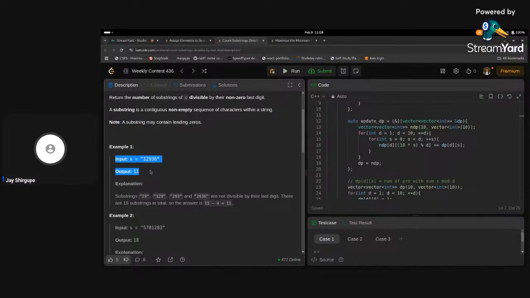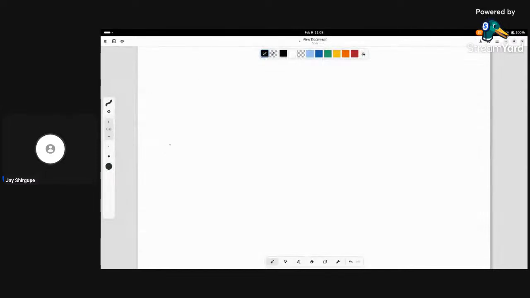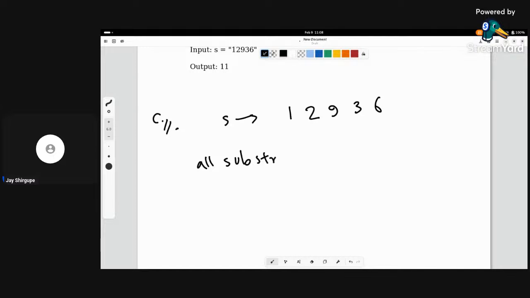Let's look at an example to get a better idea of what we're talking about. The string was 1, 2, 9, 3, 6, and we had to find all substrings where the last digit divides the number formed by the substring.